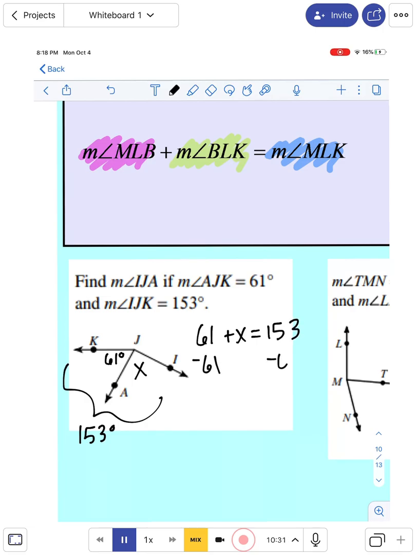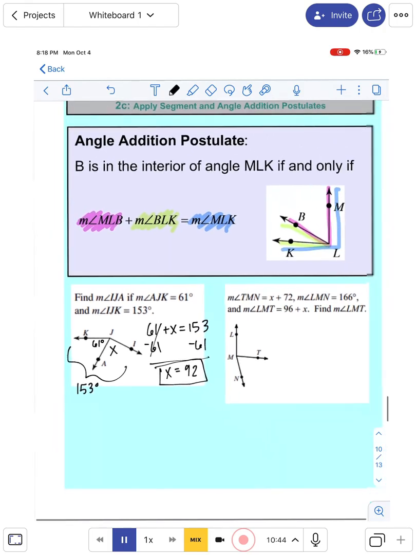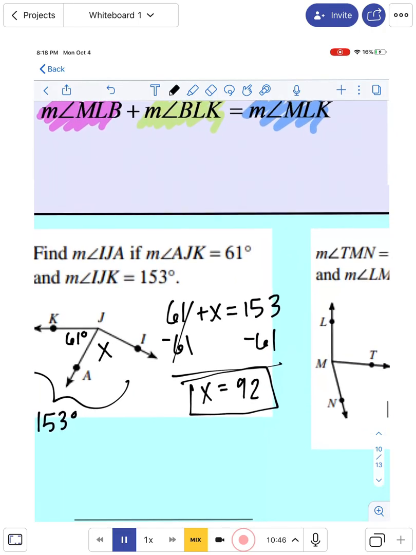If we subtract 61 from both sides, I end up getting x equals 92. And so that's my x value, and actually I should write that that's measure of angle IJA, which is what the question is asking for. So measure of angle IJA equals 92 degrees.